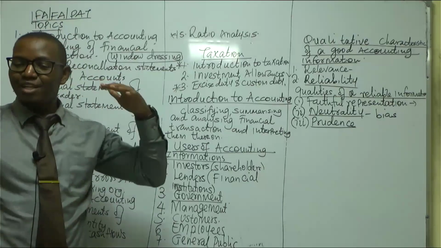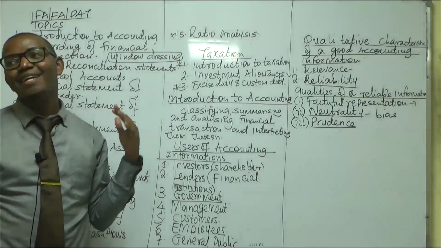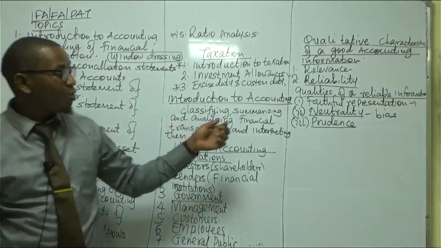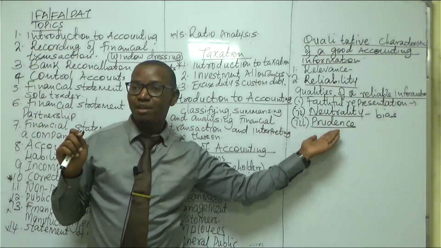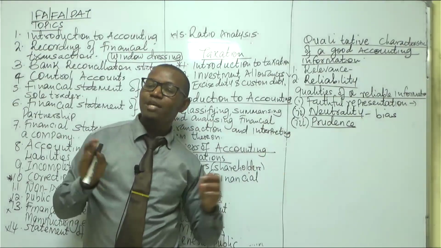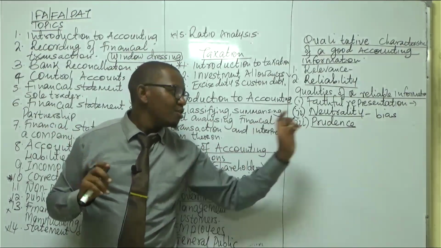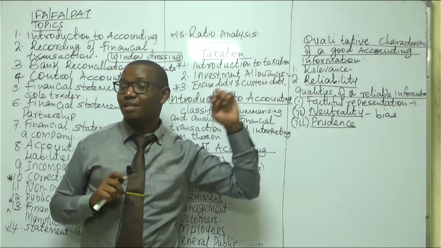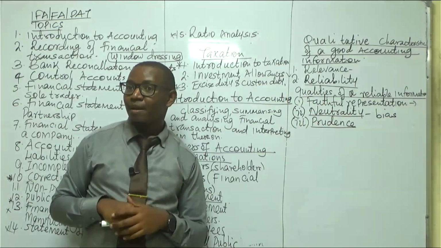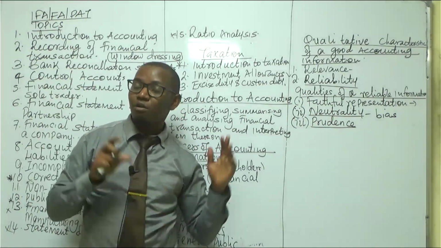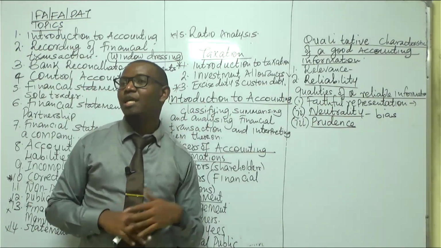You dress it to look smart, but not as it really is. That is what happens in this case. So prudence tells us we're not supposed to do that. You're not supposed to overstate the assets or the incomes, and you also provide for all the liabilities and the losses.